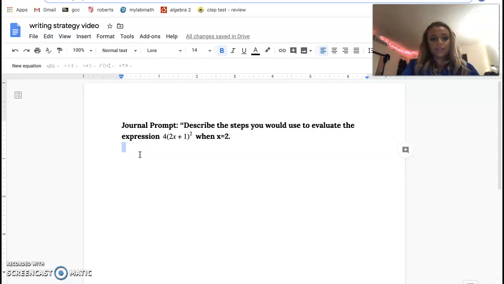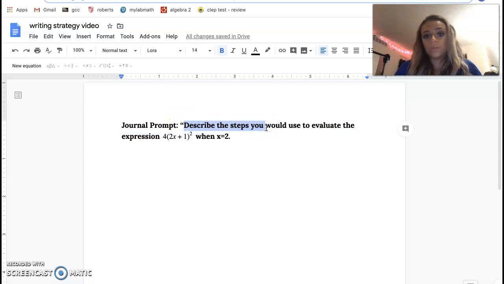Okay, so let's look at this prompt. Describe the steps you would use to evaluate the expression 4 times (2x plus 1) squared when x equals 2. Okay, so what is it asking me? I see, describe the steps.